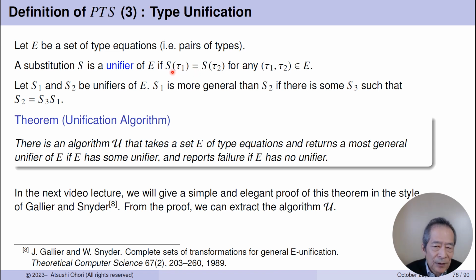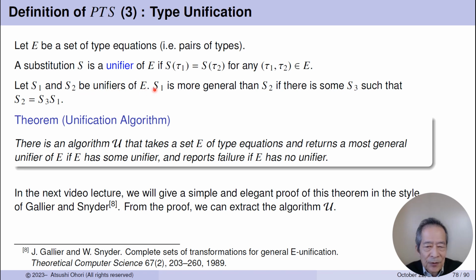Right? So if this substitution S equates each pair in this set of equations, then S is called a unifier. Then suppose there are two unifiers, S1 and S2.